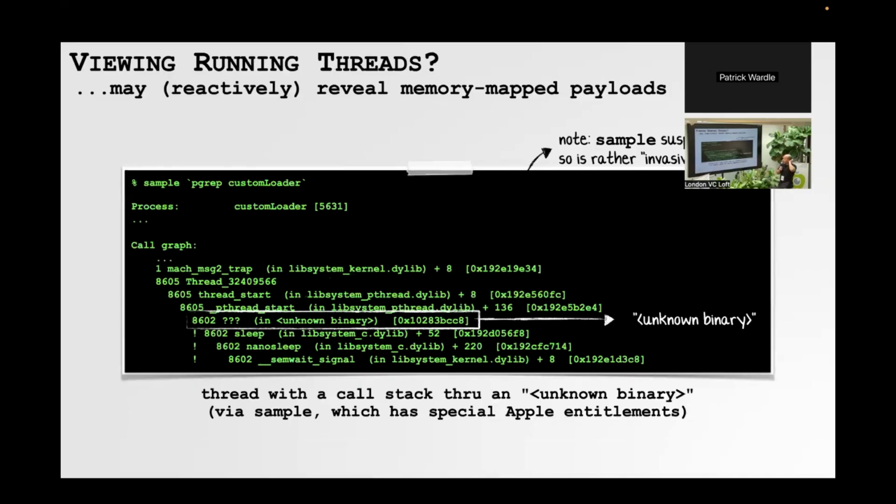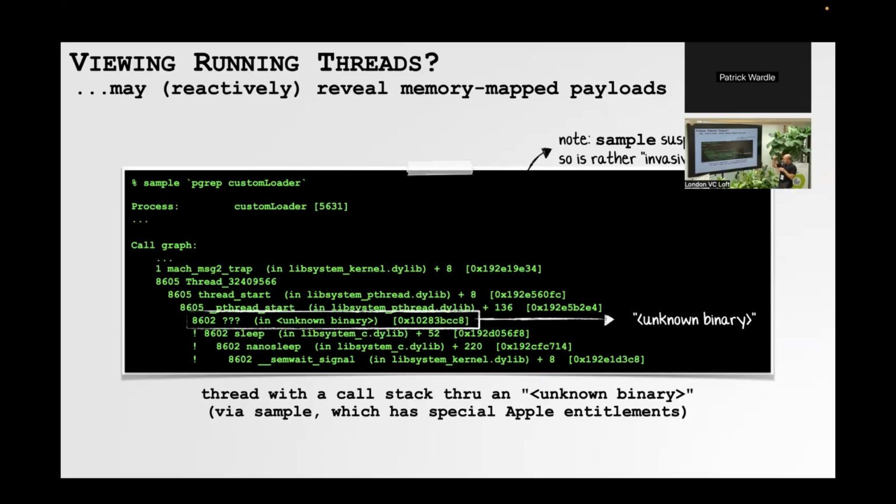Next, I thought, okay, what about using sample to look for running threads? Sample also has special Apple entitlements, so it can glean information about remote processes that third-party security tools cannot. Again, it doesn't give you a full memory reading, but it can show you currently running threads.